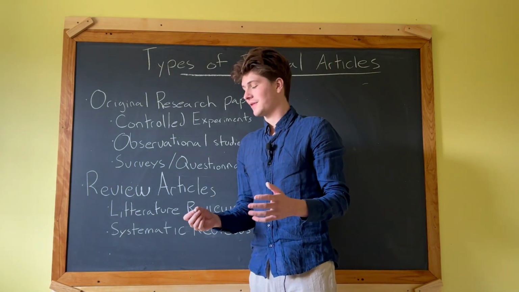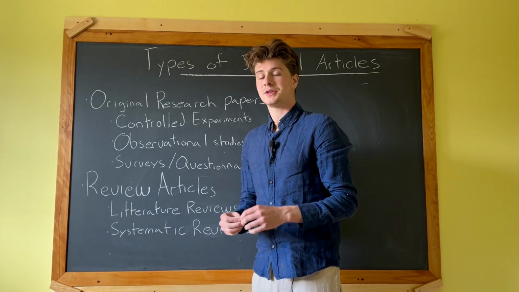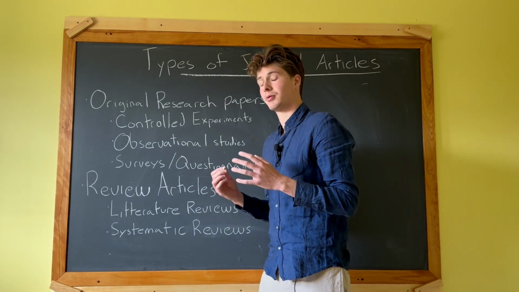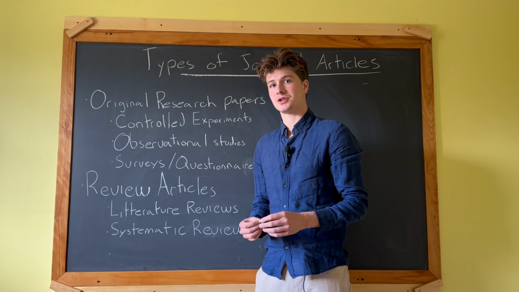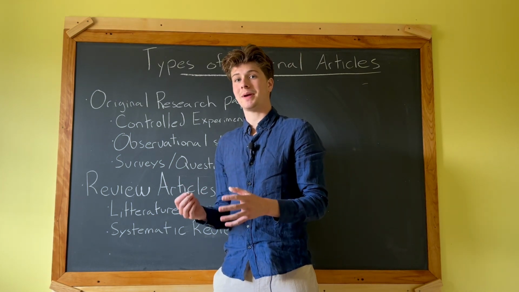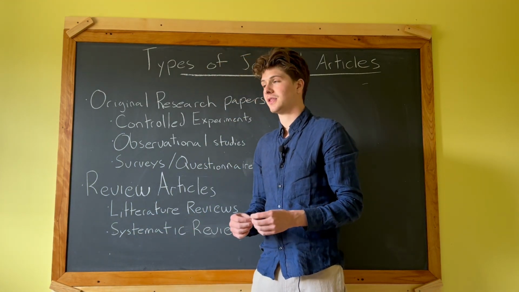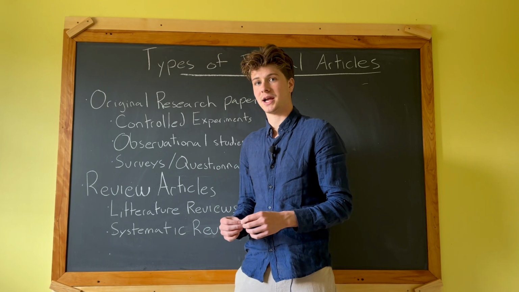Now, on the other hand, you have a systematic review. And as the name suggests, you take a systematic and explicit approach to reviewing the literature, to criticize the literature, to choose which literature is implemented into the paper. There's a very standardized way of doing this, right?